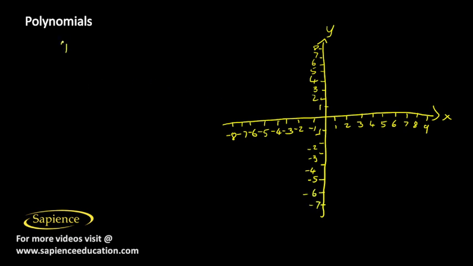Okay, now we are going to write some example for degree 2 polynomials. Let us consider this example, the simplest of all the degree 2 polynomials, x square. So in order to make this into a graph, we need to take y is equal to x square.